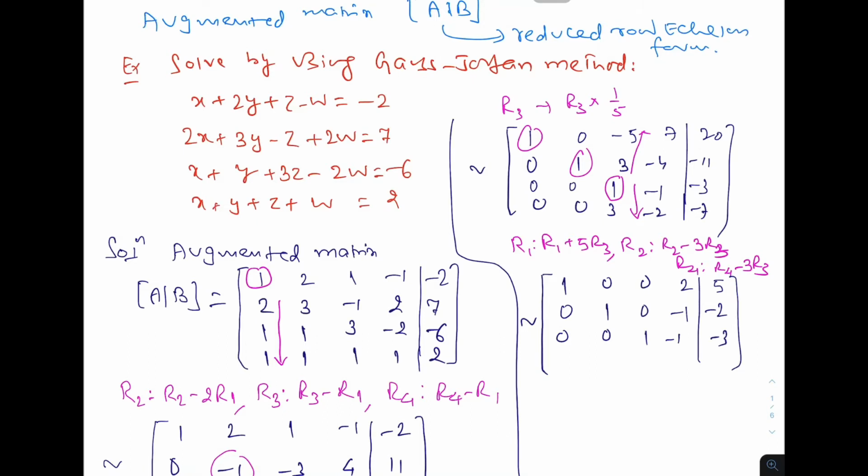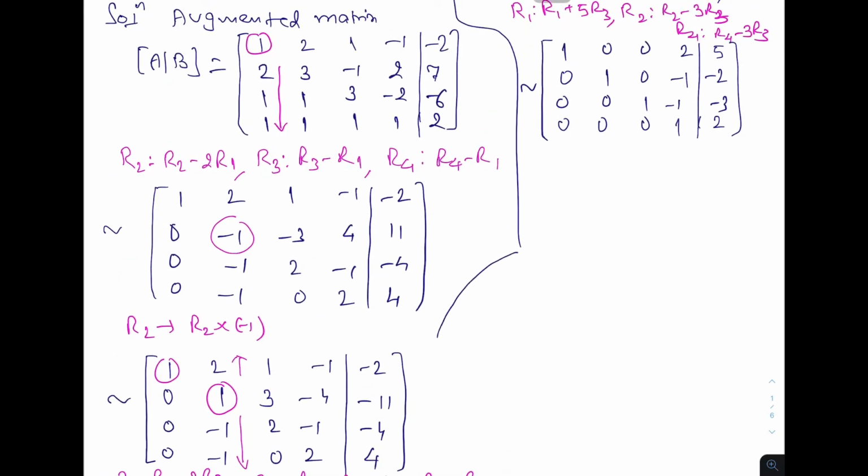Fourth, R4 minus 3R3, so this is 0 0 0. Now multiply with minus 3, so minus 3 into minus 1, so 3 minus 2, and so that is 1. Multiply with minus 3 here, so 9 minus 7, and so that is 2.